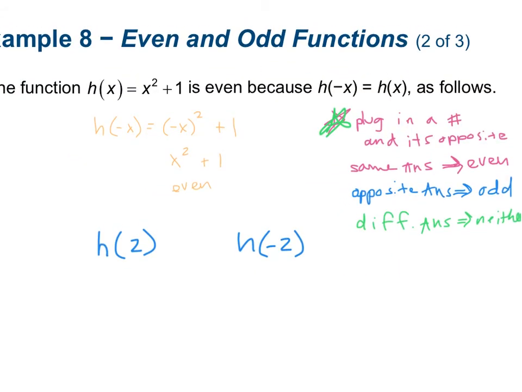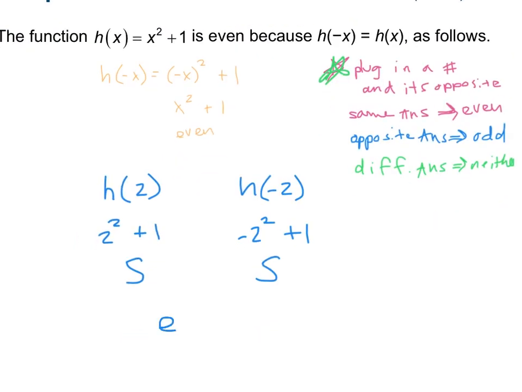When we plug in h(2), we get 2² + 1. 2² is 4, plus 1 would be 5. When we plug in −2, we get (−2)² + 1. (−2)² is 4, plus 1 would be 5. So we get the same answer, so this would mean that this is an even function.